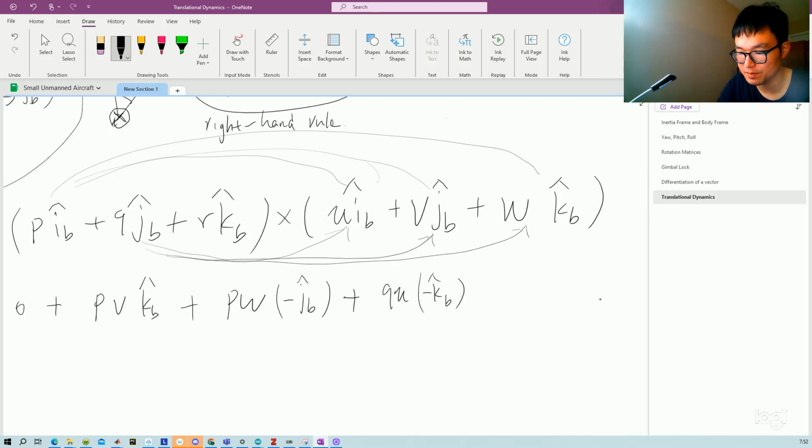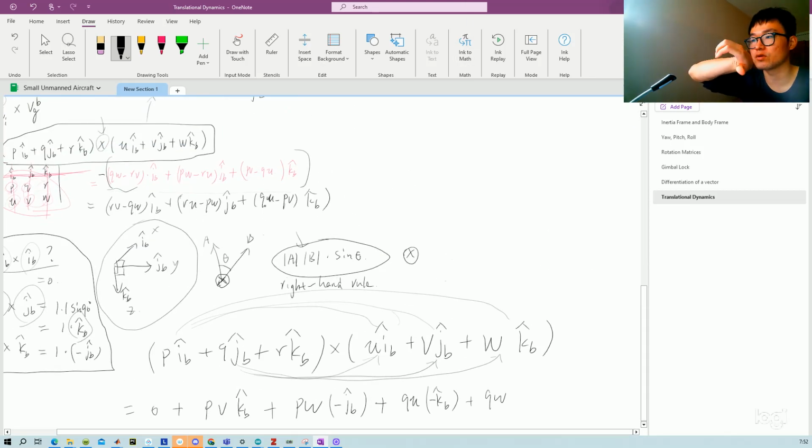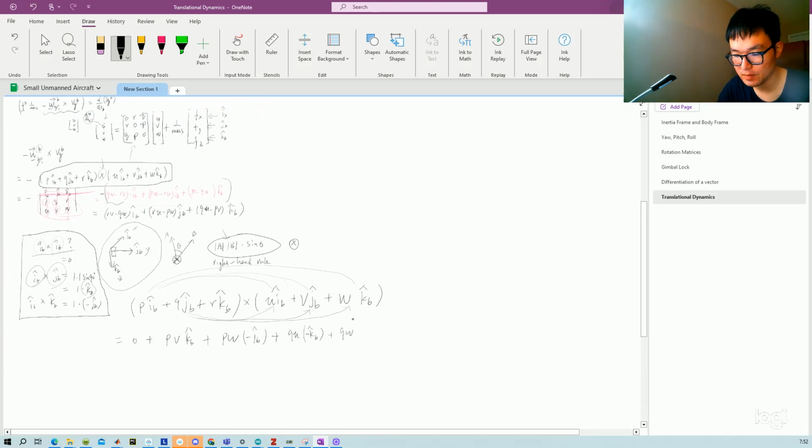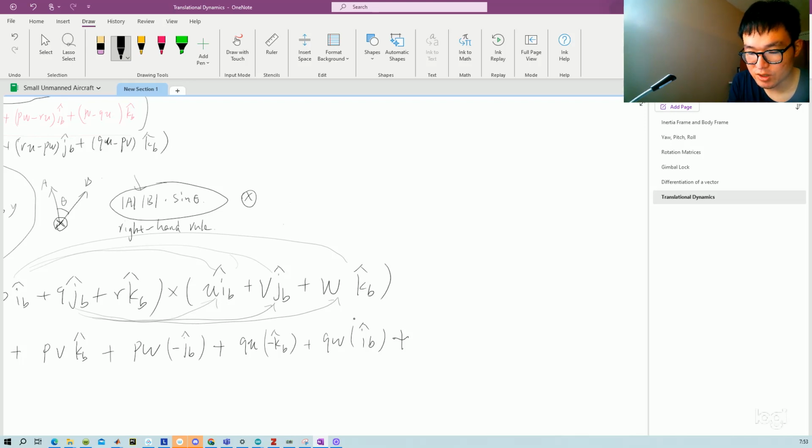Then QW, JB hat cross product with KB hat gives you IB hat. That's the direction. Similarly, we expand the last term.